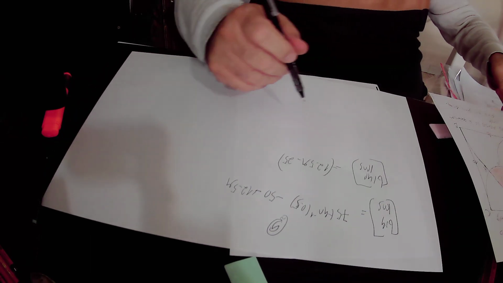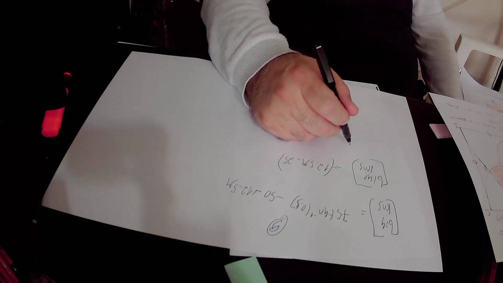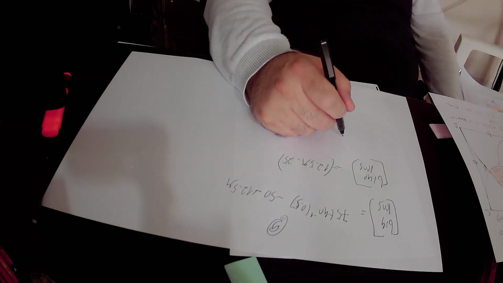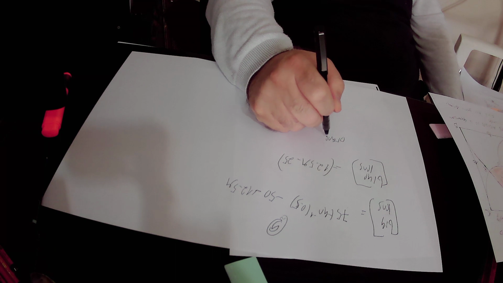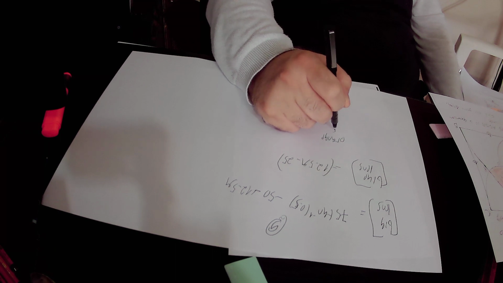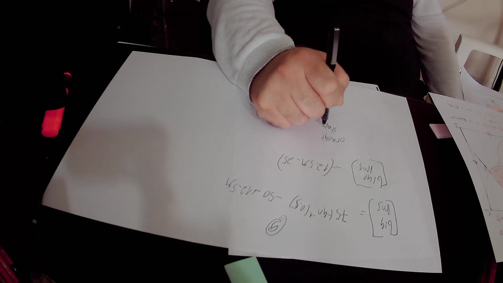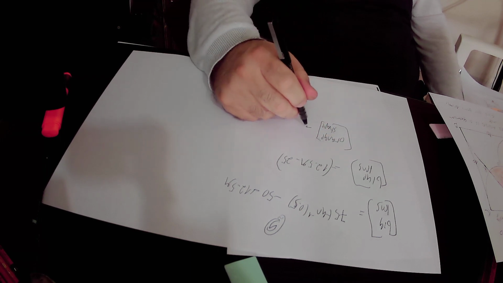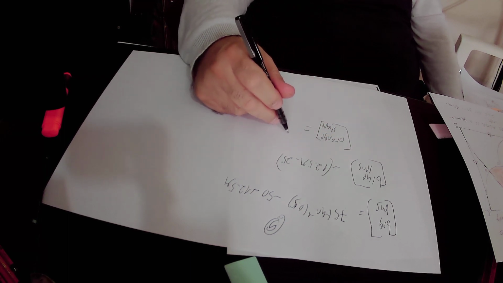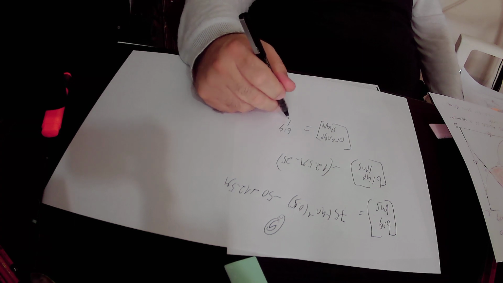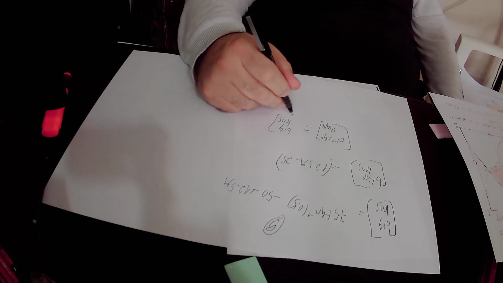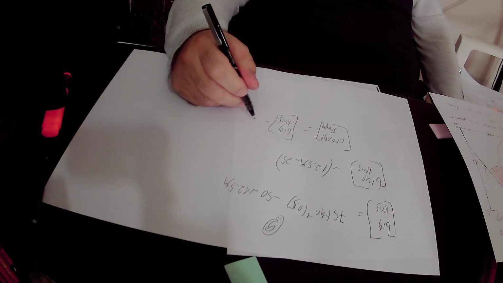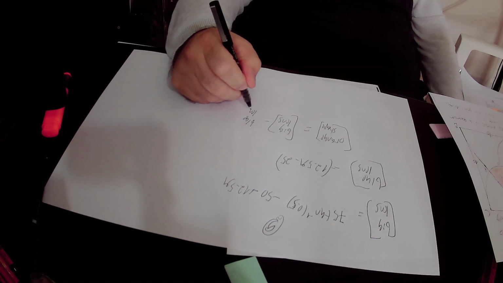So the area of the orange shape equals the area of the big lens minus the area of the blue lens. Okay?